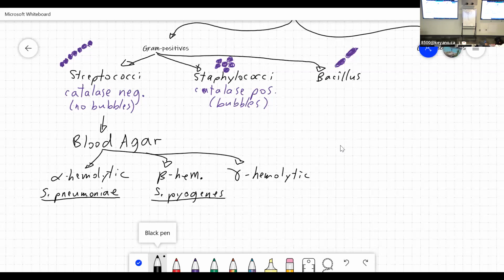Gamma hemolytic, we had the Enterococcus, and there are other organisms, and like I said, I'm not going to go into all of them. These are the two you need to know for this class, so I'm just making sure that they're on this flow chart. If you want to see the full flow chart, this was last day's lecture, so you can go back and refer to that.